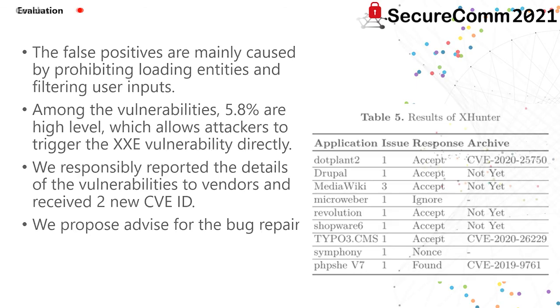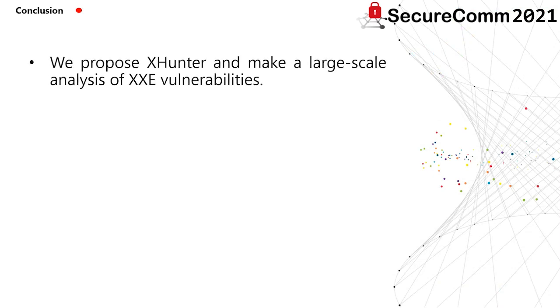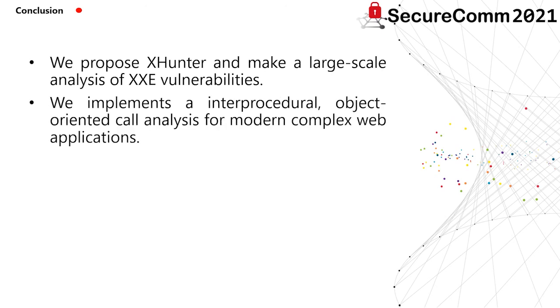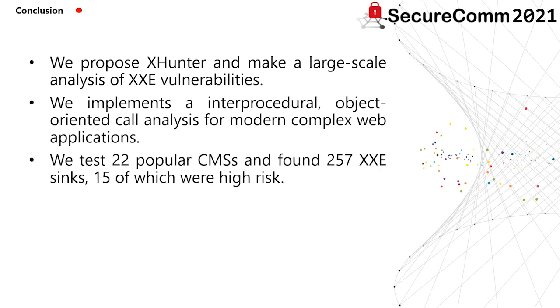In conclusion, our main contribution is proposing XHunter and making a large-scale analysis of popular web applications. XHunter implements interprocedural, object-oriented call analysis for modern complex web applications and rates the vulnerabilities. We use XHunter on 22 popular open-source applications, including 55.8 thousand PHP files and 9.2 million single lines of code.